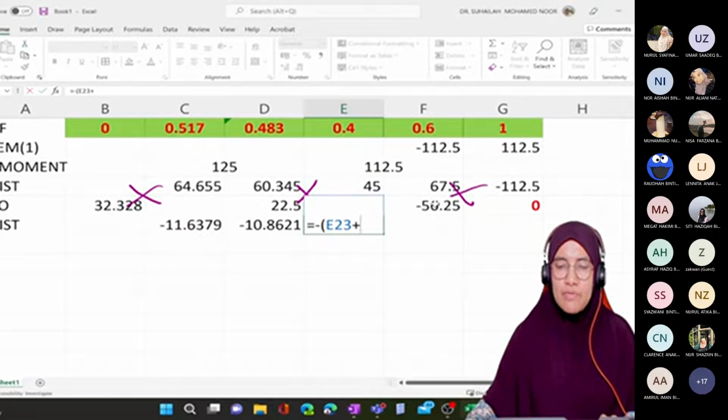30.172 plus 56.25, negative 56.25, times the factor 0.4.